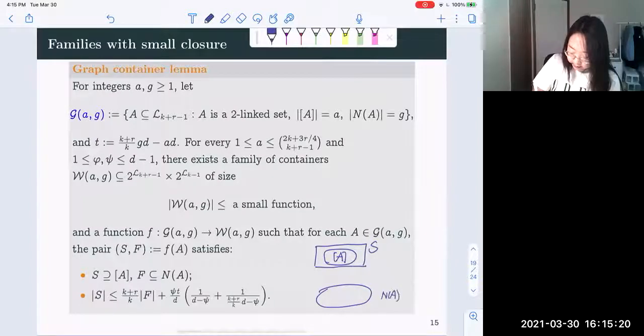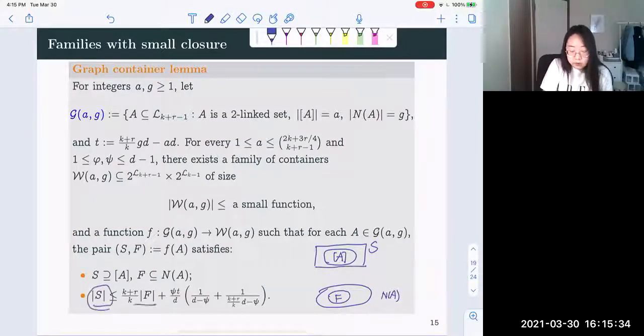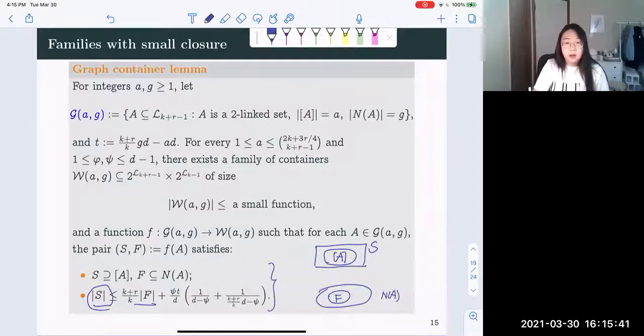And F is contained in the neighborhood of A. So that is the location of the sets S and F. The second condition basically says S is not too large compared with F. These two properties mean the container is small, in the sense that there are not so many A's associated to each S, F pair, because the sizes are pretty close here because of these two conditions.